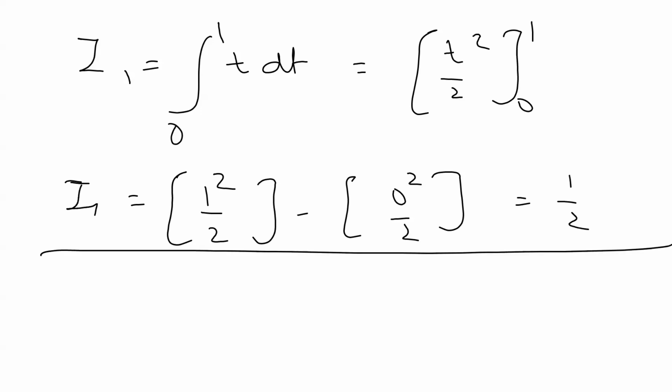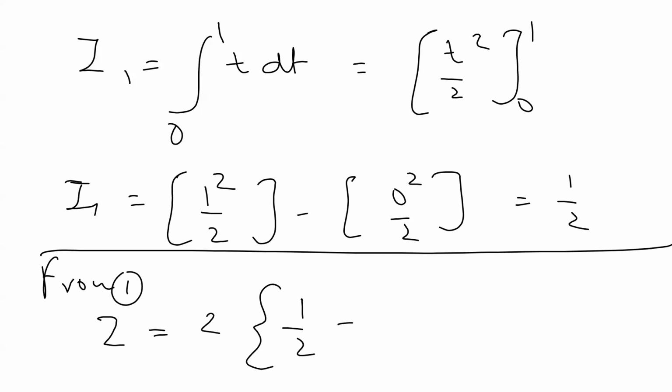Now from 1, I is equal to, there was 2 outside. I1 is half. I2 is log root 2.